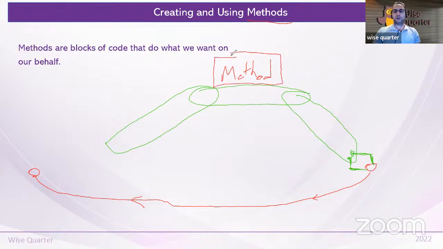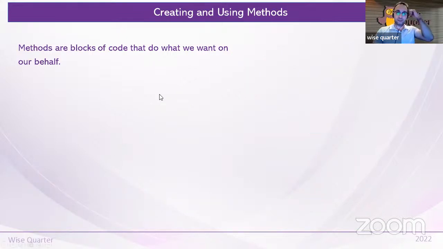You can create a lot of different methods for different purposes, and they will complete their task without any complaining. So I hope I was able to explain. Let's see.